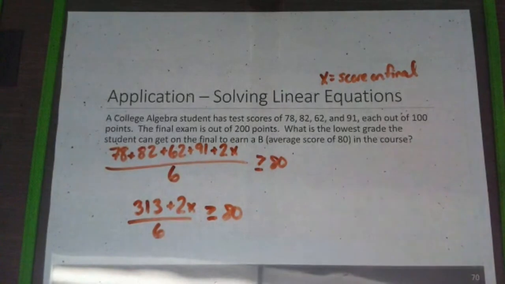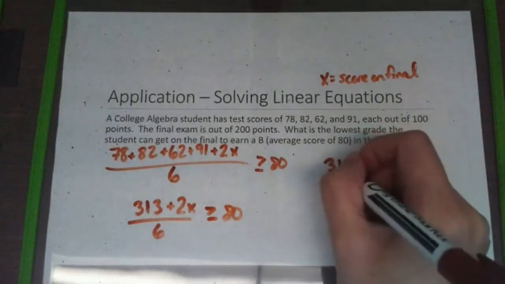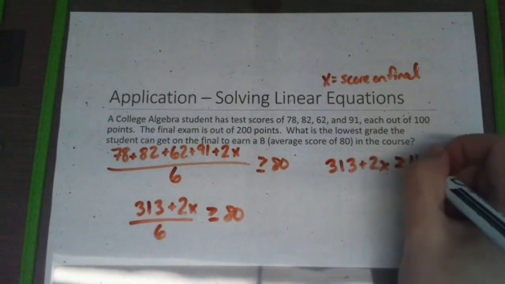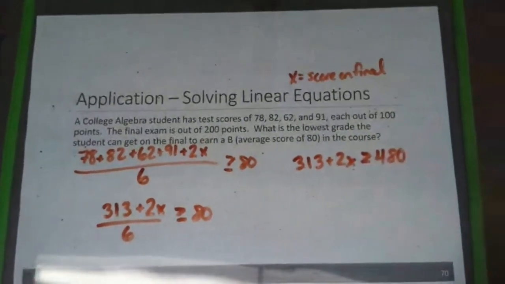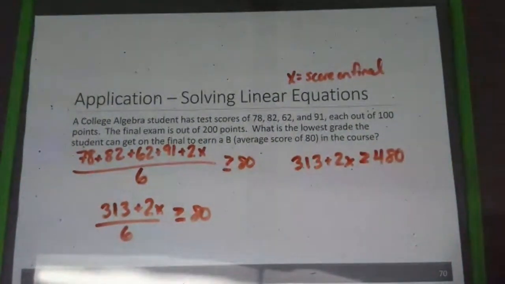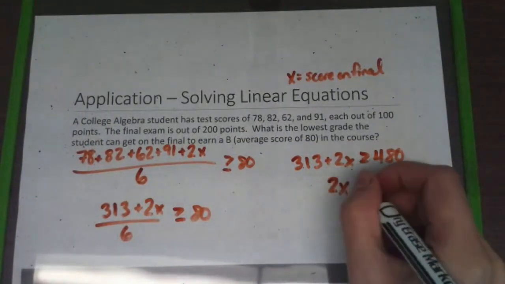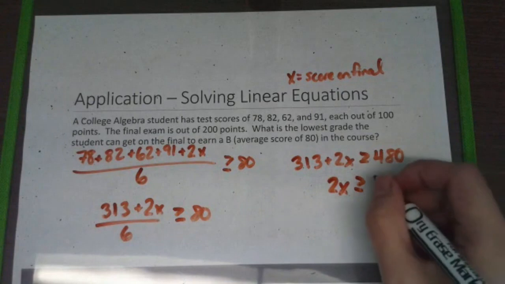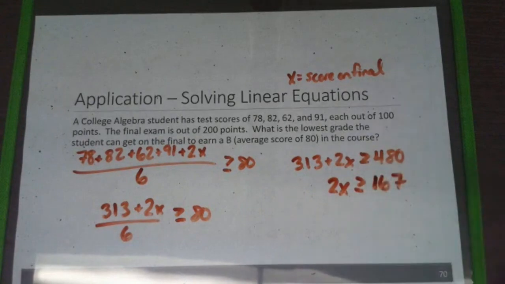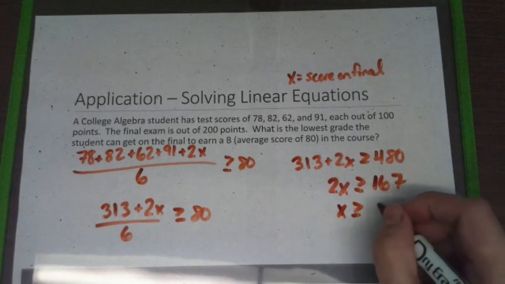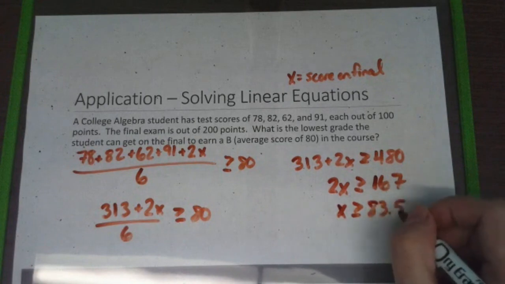I can multiply both sides by 6, and I will have 313 plus 2x is greater than or equal to 480. I can subtract 313 from both sides, giving me 2x is greater than or equal to 167. And dividing by 2, we get x is greater than or equal to 83.5.